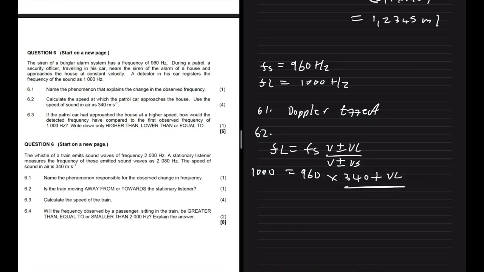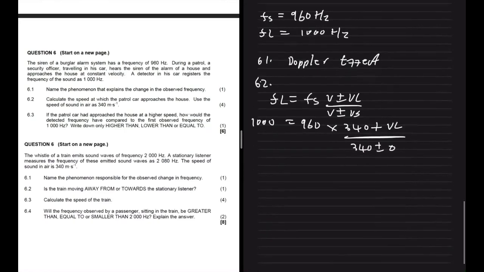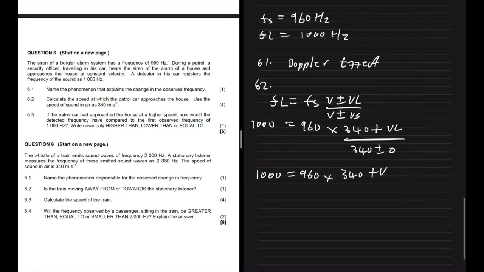If it was moving away, then we'd have minus. On the denominator we have 340. The sound source is stationary, so plus or minus 0 doesn't matter. So 1000 equals 960 multiplied by 340 plus VL, divided by 340.